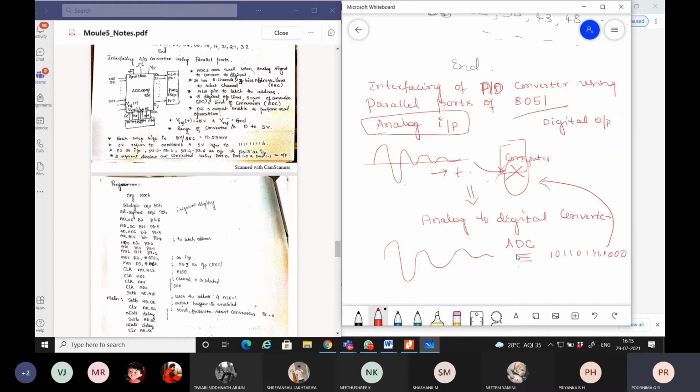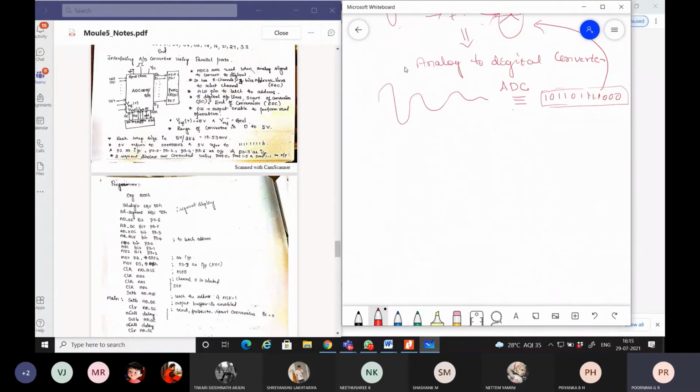The function of this analog to digital converter is to take the continuous time varying signal and convert that signal into a discrete binary signal. Whenever such a device is used for the conversion of a continuous time varying signal into a digital signal, it is termed an analog to digital converter.